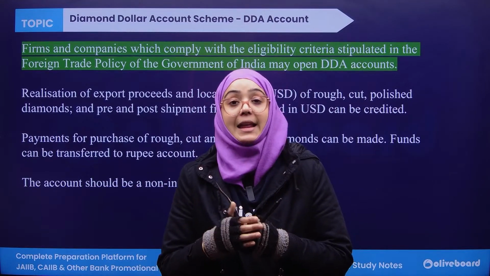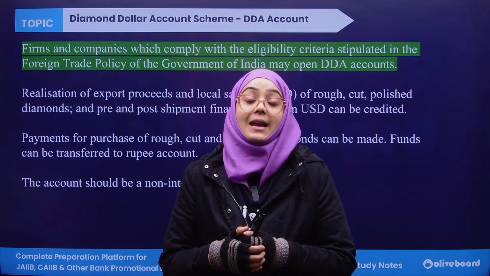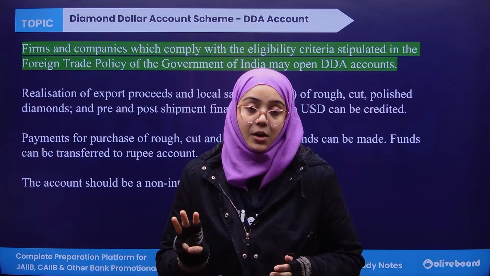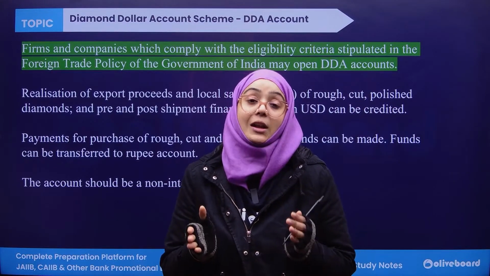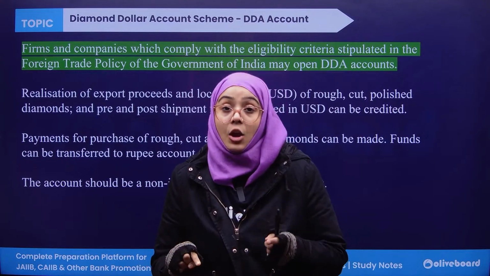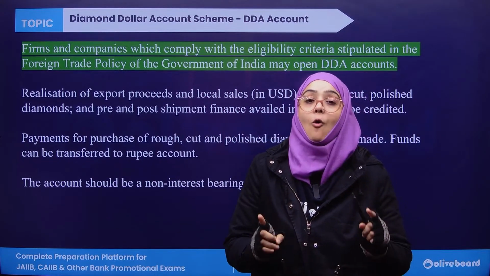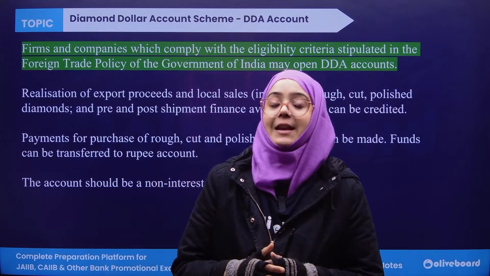If you are engaged in any of these transactions and you are engaged in this trade for a complete 3 years, means you have a track record in this occupation for a complete 3 years, and you have an average annual turnover of rupees 5 crore in the last three preceding financial years.